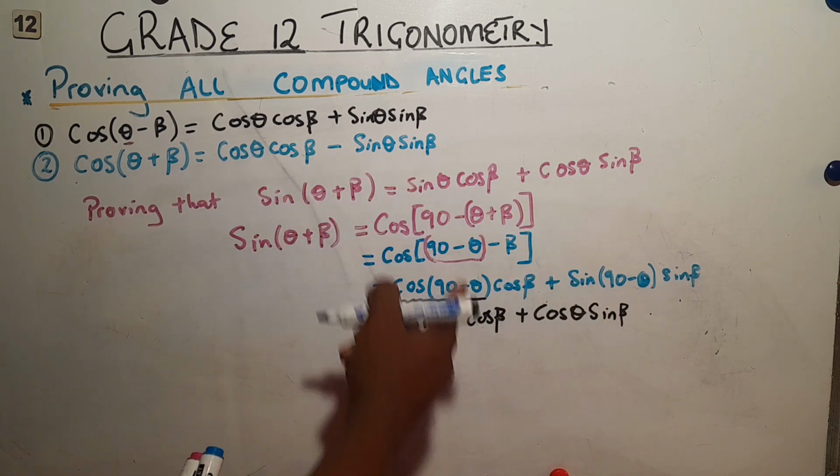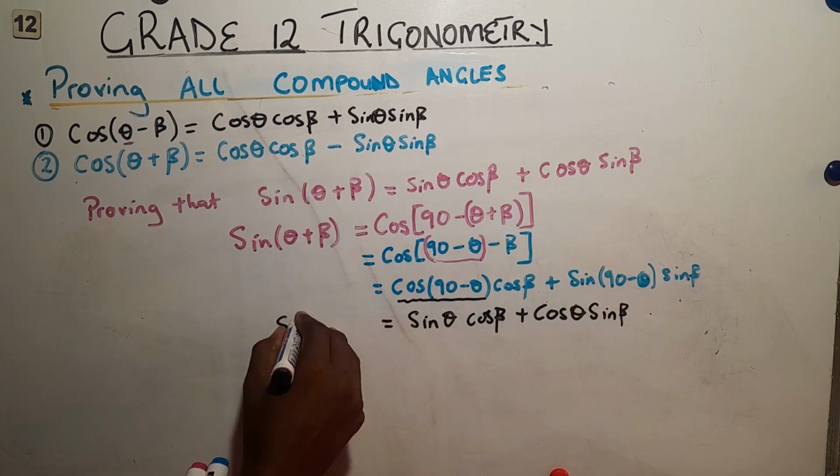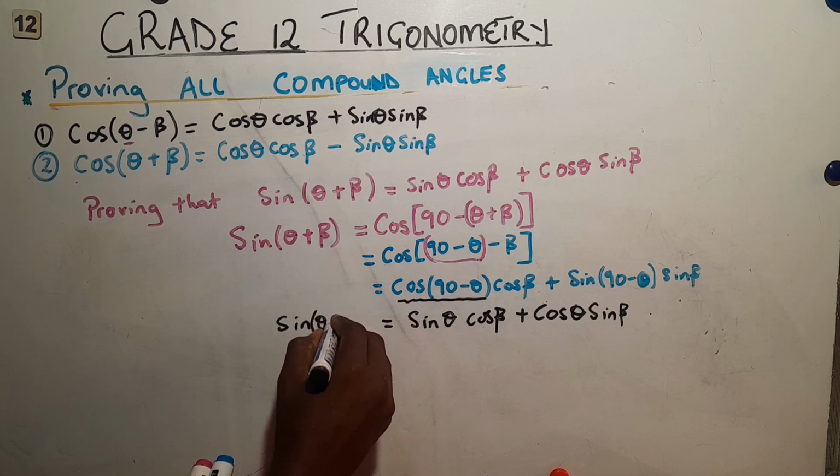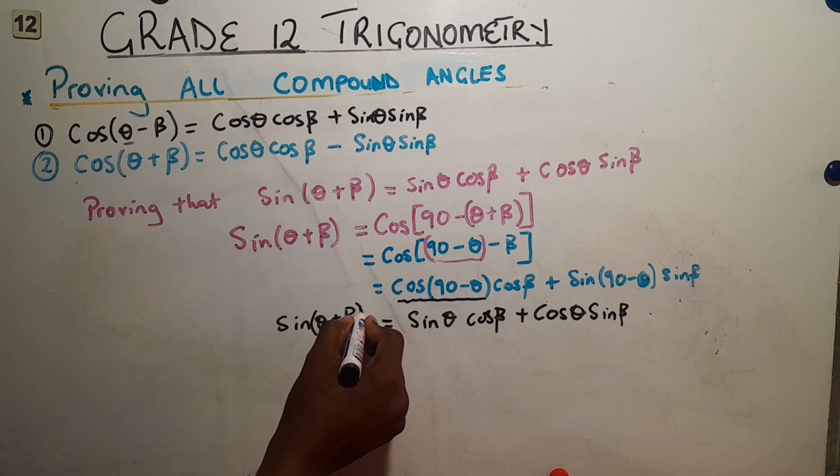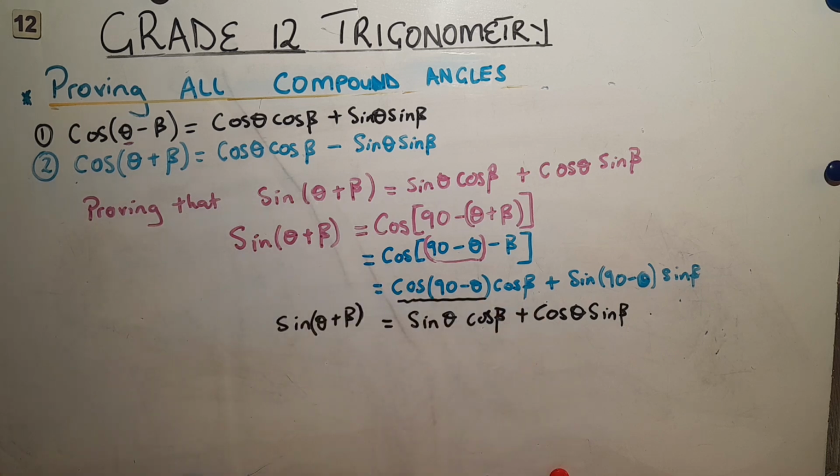So now we have proved that this is close to that. So this is our third compound angle, or third identity. So now you can see that sine of theta plus beta is equivalent to sine theta cos beta, and then plus cos theta sin beta, like that. So this is our third identity.